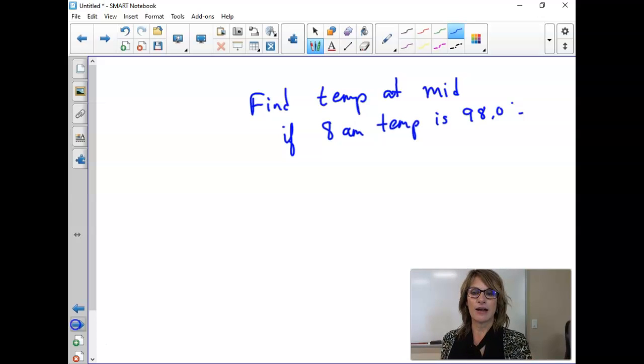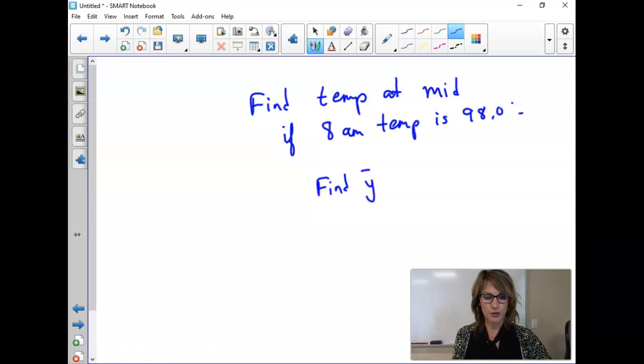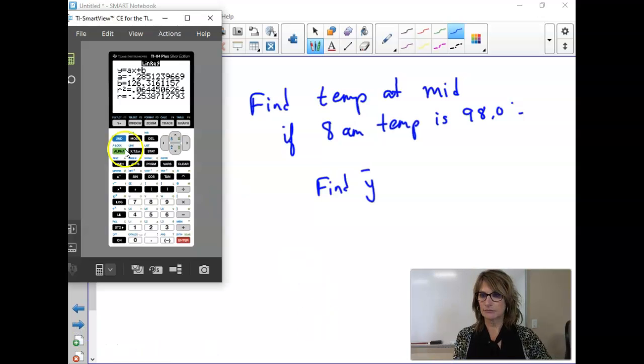Instead, find the average Y value or the average temperature at midnight. So, pull your calculator back out. We have data in list 1 and list 2. Midnight is list 2, so I want to average list 2.